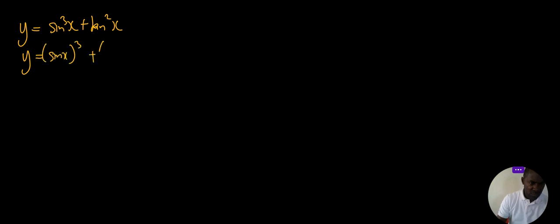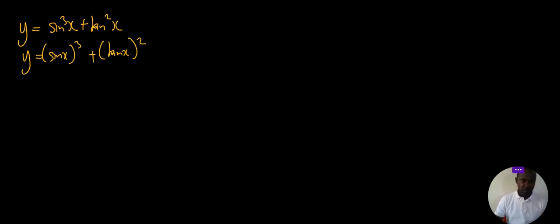Suppose you have y equals sine cube x plus tan squared x. Now, for the purpose of differentiating, let's write these as y equals sine x cubed plus tan x all squared, which is essentially the same thing.